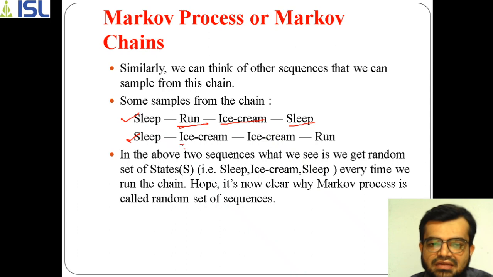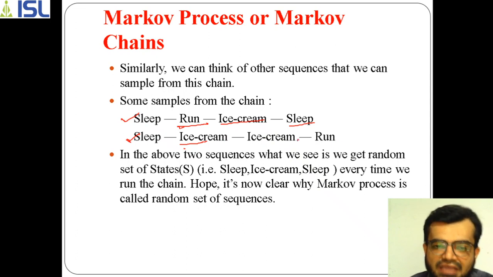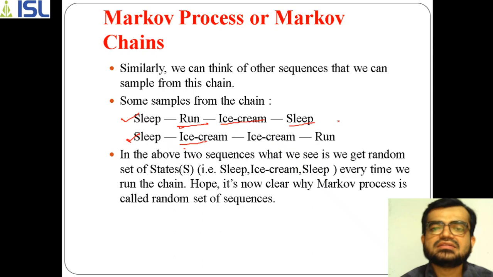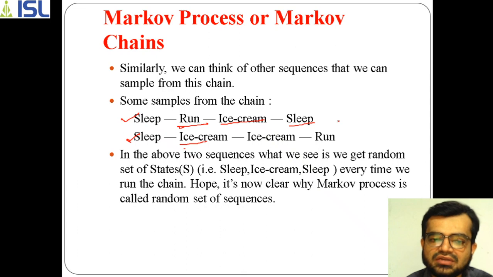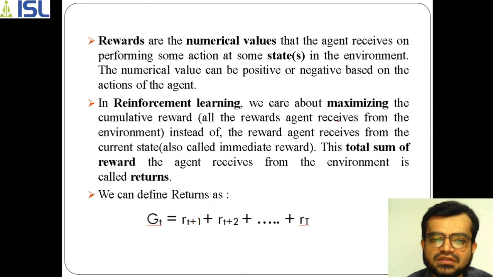Similarly, in the second sample, the ice cream state depends on the sleep state, ice cream again depends on the same state, and the run state depends on the ice cream state. In that sense Markov chains are used. This is how a Markov process is called a random set of sequences.